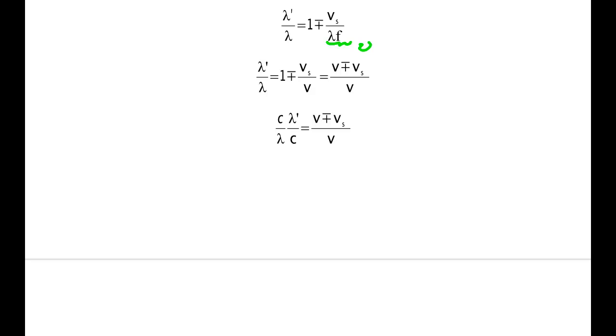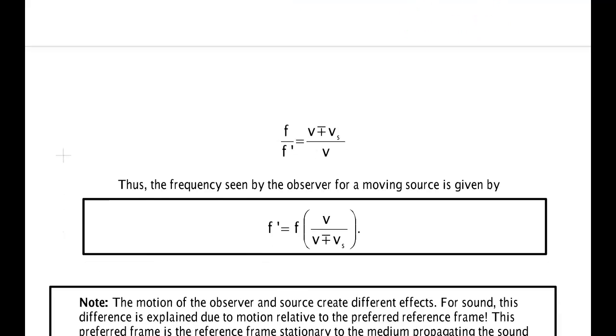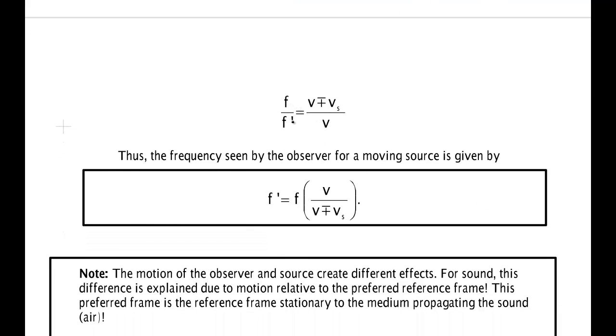This doesn't need to be C. That would be if it was light. This needs to be V. So the speed divided by lambda is equal to V, and the speed divided by lambda prime is equal to the frequency primed. Put that in there and we get the frequency divided by the frequency primed is equal to this.